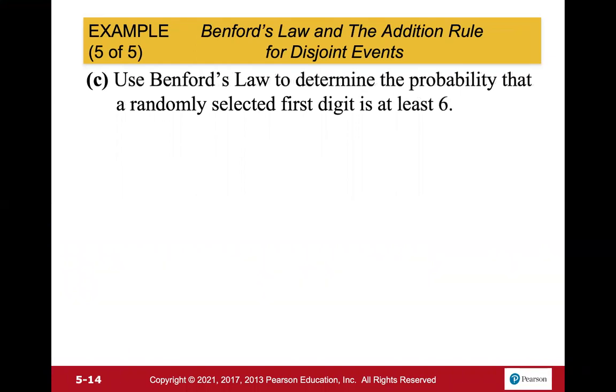Part C: use Benford's law to determine the probability that a randomly selected first digit is at least 6. So probability of at least 6. The way we're going to look at this is with the numbers. Let's write all of them out.